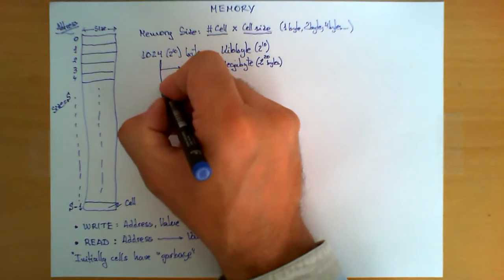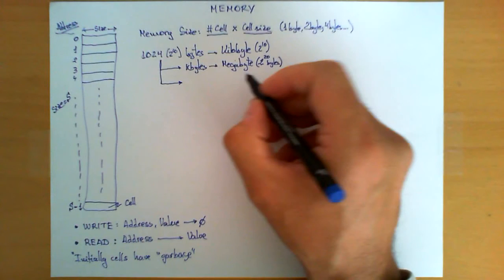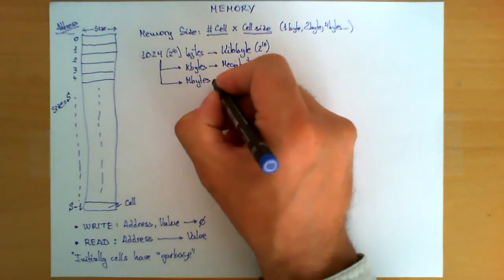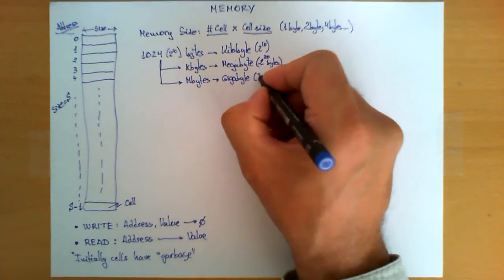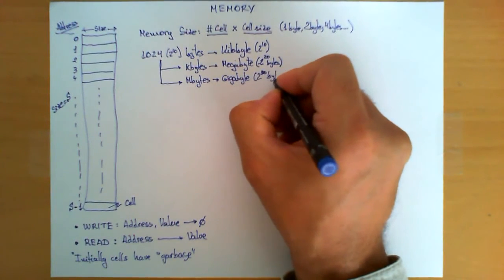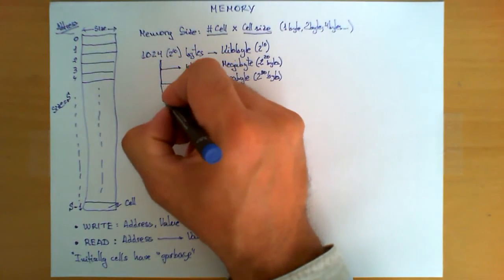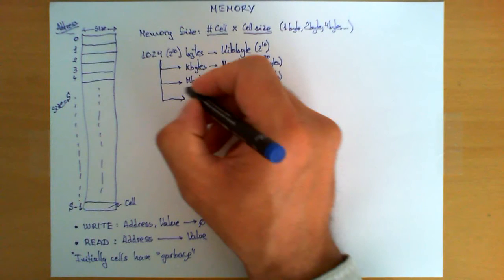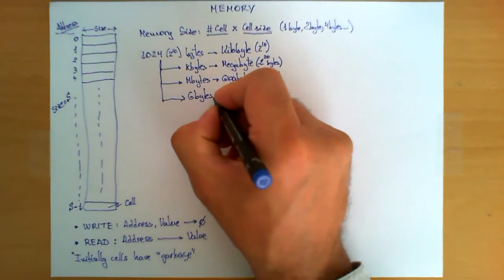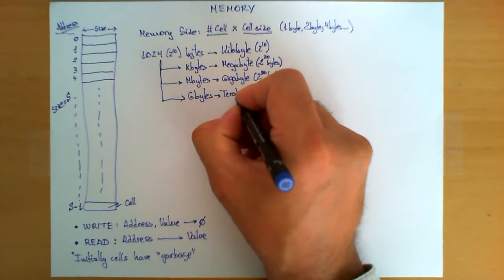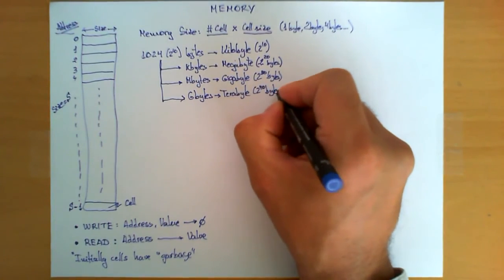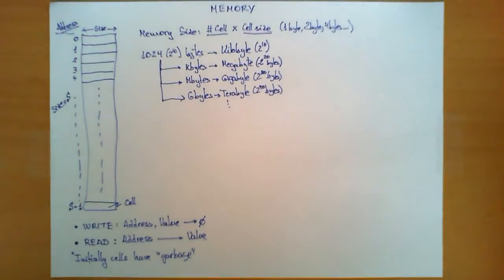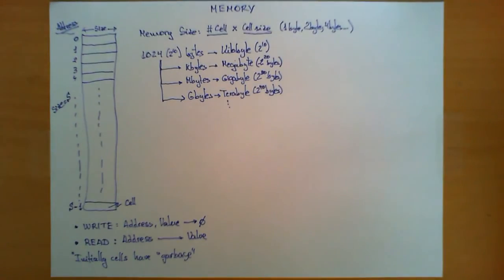If again we have 1024 megabytes, that unit we call a gigabyte, and it's 2 to the 30 bytes. And again, if we have 1024 gigabytes, we have what we call a terabyte, or 2 to the 40 bytes. And so on. There are several additional prefixes that you can use to address different memory sizes.